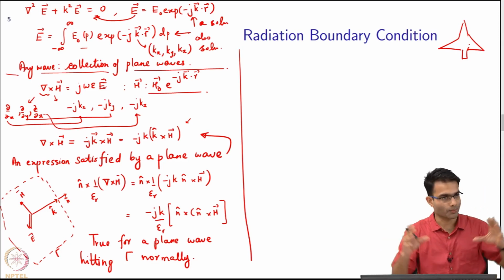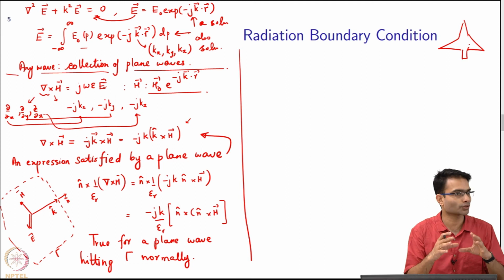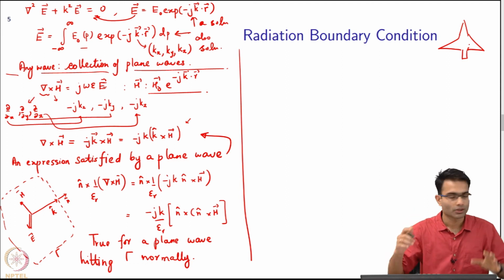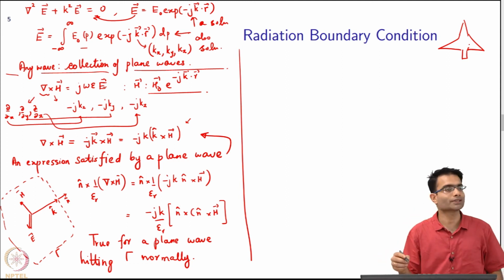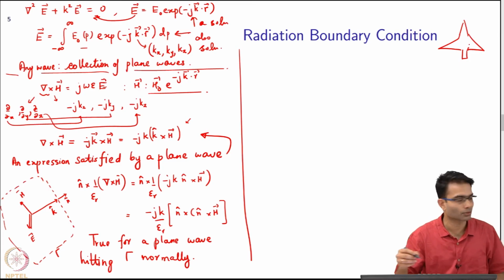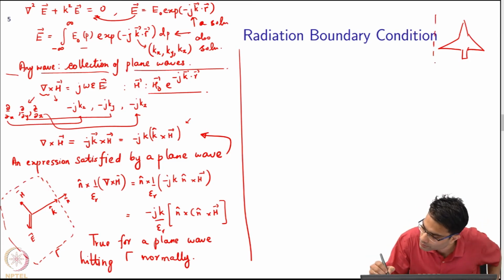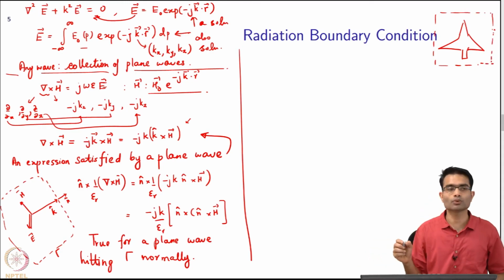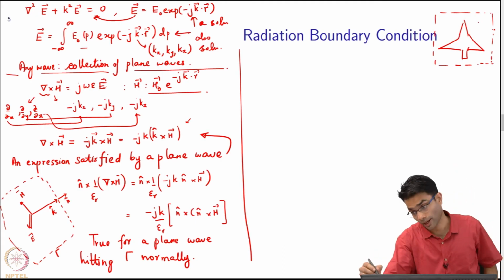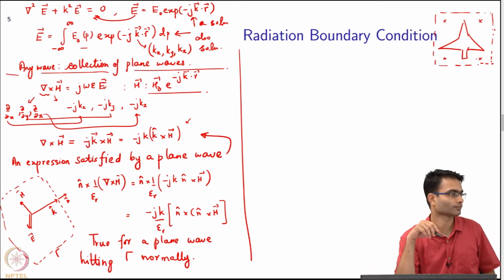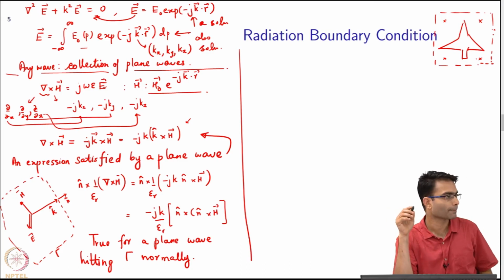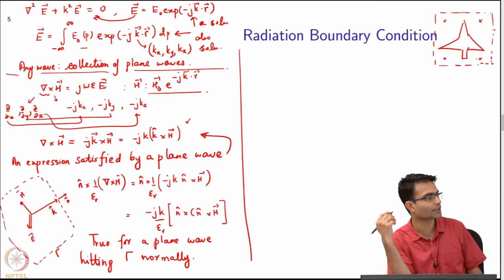Should I make it tightly fitting with the aircraft or should I expand it a bit? The computationally inefficient but easier thing to do is to make my domain like this. So when I do this, I have to discretize all of this free space region, and that's a price I pay. We'll come later to the advantages and disadvantages of doing this.